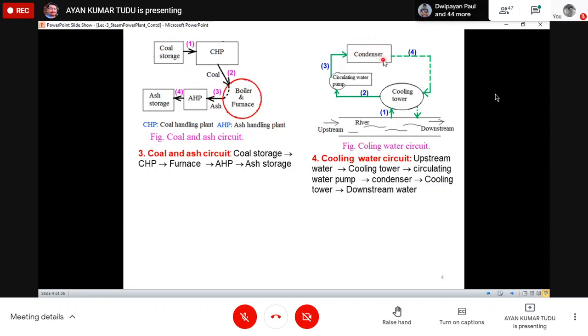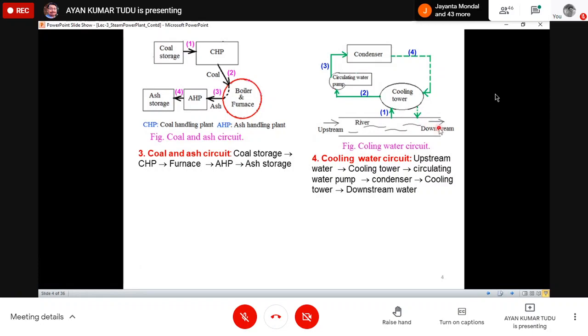To maintain that low back pressure, water may be taken from a natural source, such as a river, and the water from the condenser may be discharged into the river, as also shown here.